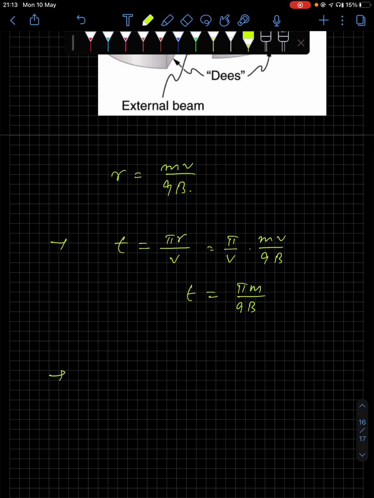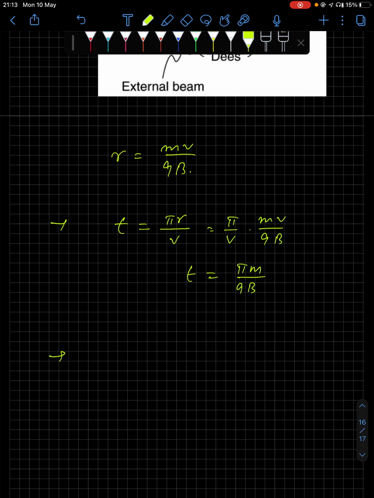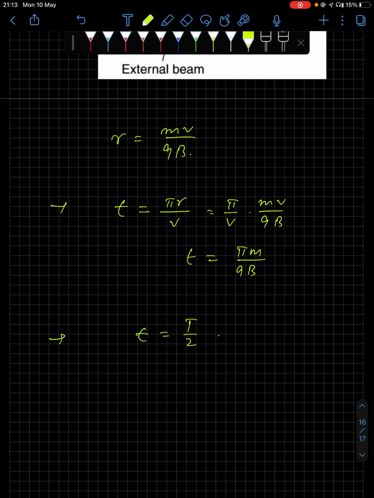Now capital T here is the time period of the high frequency electric field, right? For the charged particle to accelerate, the time taken by the particle to describe a semicircular path should be equal to T by 2. That means small t should be equal to capital T by 2. Capital T is the time period of the electric field.